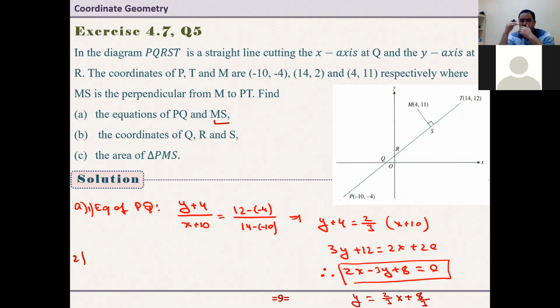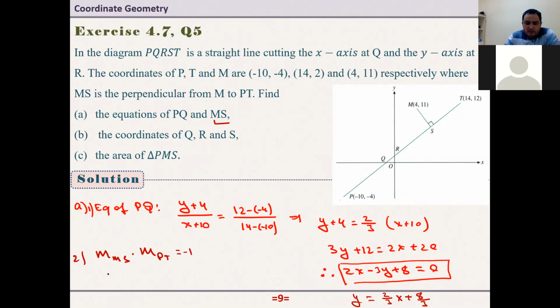It's actually going through the point M. Okay, we know the coordinates of M. And also you can find the gradient of MS, since MS is perpendicular to PT. Good. That means that gradient of MS times gradient of PT should be equal to -1.